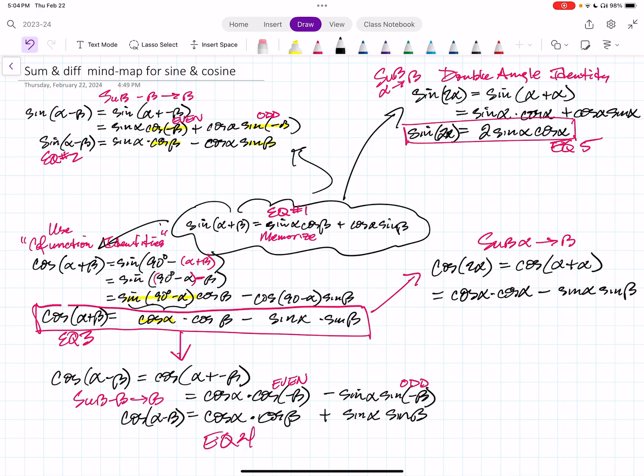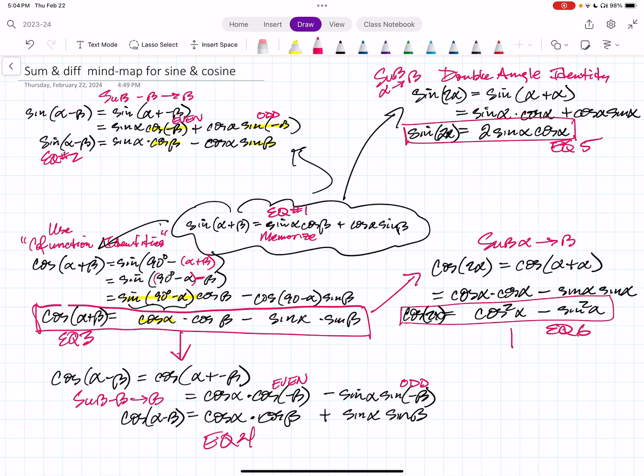Excuse me, got to substitute. So what is this equal to? Cosine alpha times cosine alpha is nothing more than cosine squared alpha minus sine squared alpha, and that's equal to cosine of 2 alpha. So there's your double angle formula. We're going to call that equation 6. So now we have 6 identities.